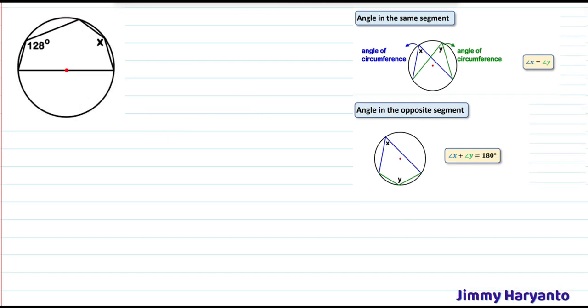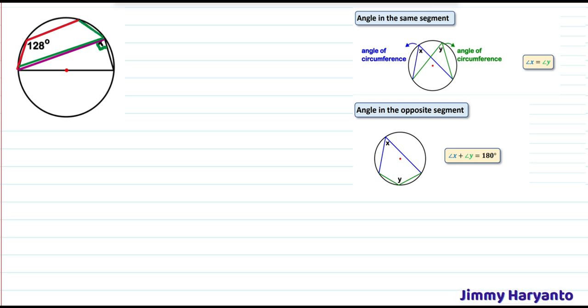Next question. For this one, I think I have to separate the shapes like this, and then I want you to see the diameter. We have a diameter right there, and then the circumference angle of this one will be 90 degrees. So this one is 90 degrees. Next, I want you to see this one, 128. This one is the angle in the opposite segment.